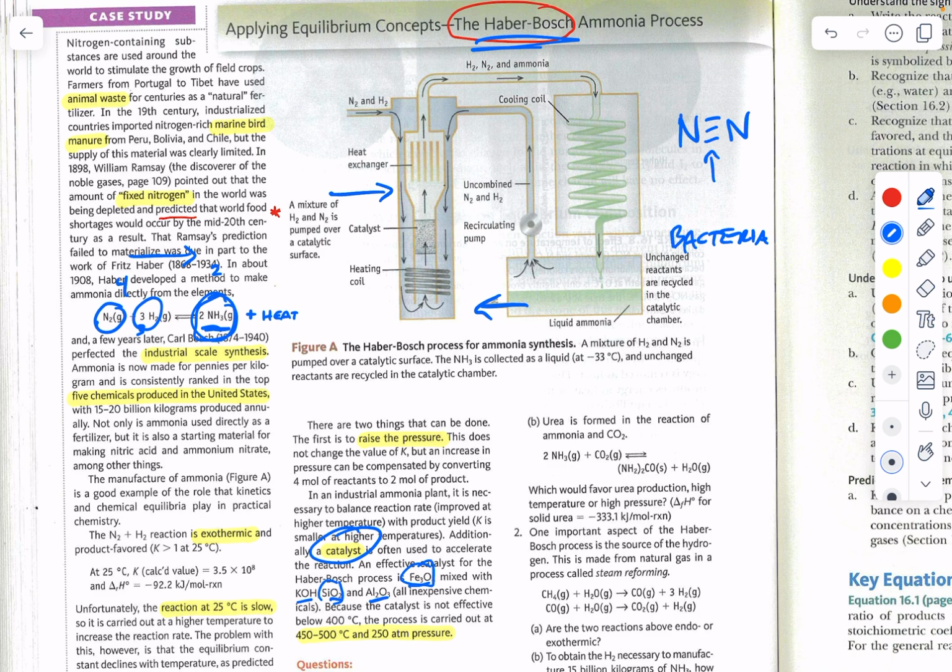And it's responsible for maybe 3% of the global carbon emissions, should that be a real concern. And it also involves using 3 to 5% of our natural gas in order to provide the energy to make this work. So this Haber-Bosch process is so important, it's often incorporated in some way or another on an AP chemistry test.